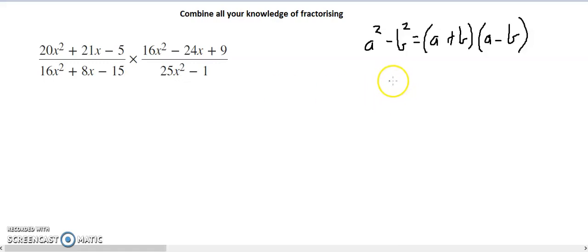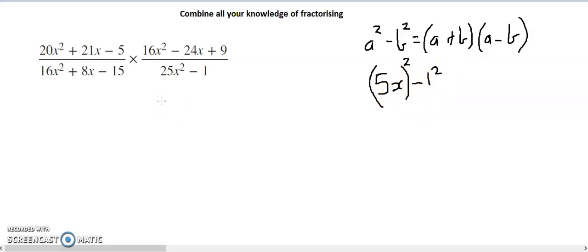So that means I've got 5 squared x squared minus 1 squared. I just need to change 5 squared and x squared to become 5x in brackets squared. So now I've got my a squared and I've got my b squared.